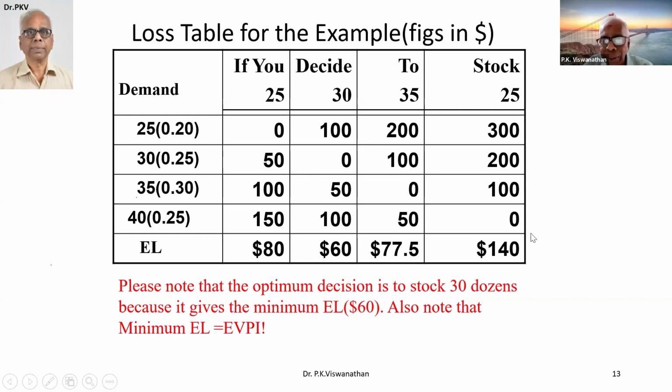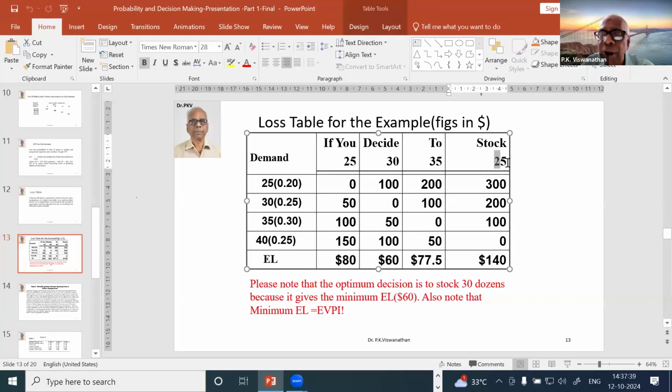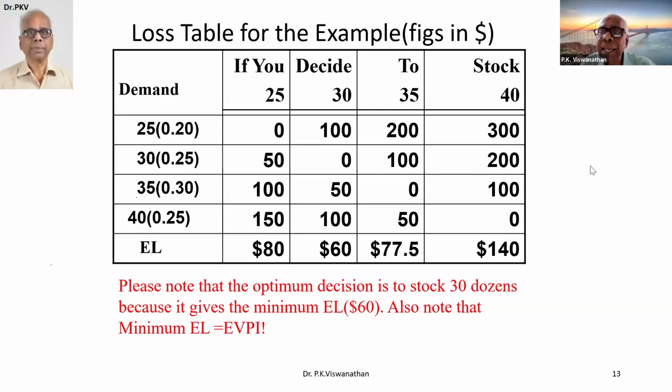Likewise, you can work out all the columns and you will never stock 40 because you make the loss. Here, I make a small correction. This is 40 dozens. If I make 40, I make the maximum loss. So the minimum is the $60, and therefore optimal stock level is 30.